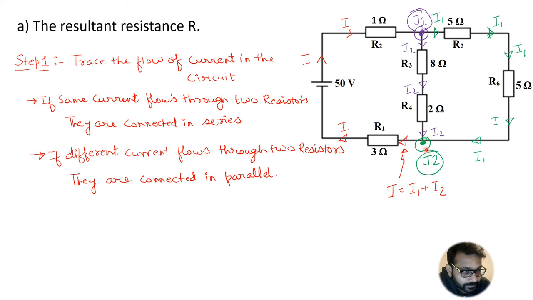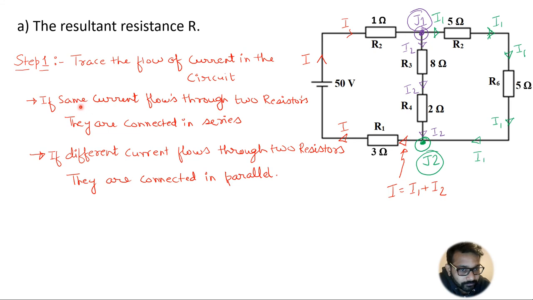So at junction J1, both currents I1 and I2 will combine together, and finally the overall supply current I will flow in R1, and then flow back to the negative terminal.